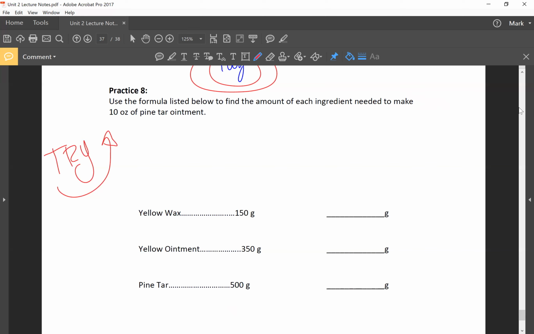Now, one thing before you do practice question 8. You need to be able to convert from ounces to grams, so let me do that for you.